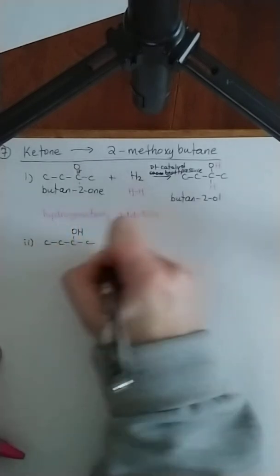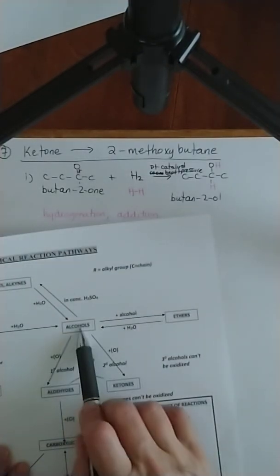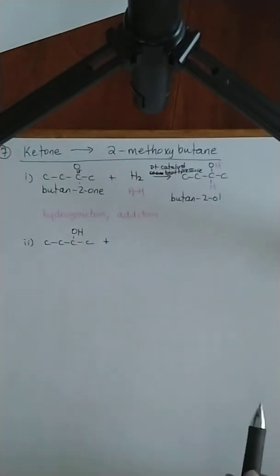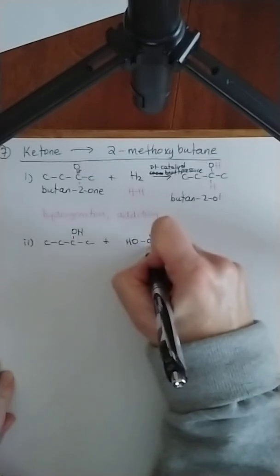now have our OH, to make 2-methoxybutane, knowing that it's an alcohol plus an alcohol. If we have the butanol, then what we need now is a methanol.